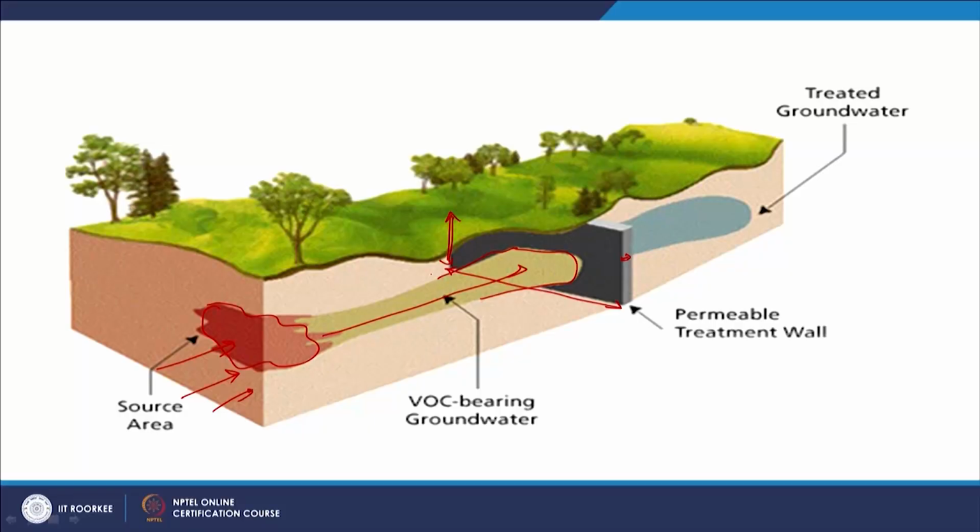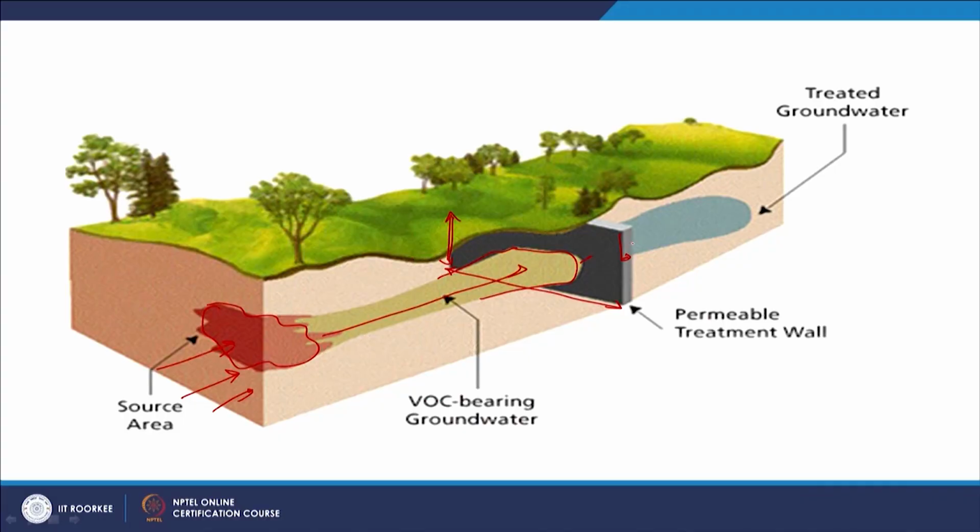Because if you do not estimate your contaminated plume accurately, and if I do not calculate the relevant length and height of the PRB, I am obviously going to miss the plume, and the plume can flow around the PRB. So these are aspects that need to be considered. Again, we'll look at those in greater detail later on.